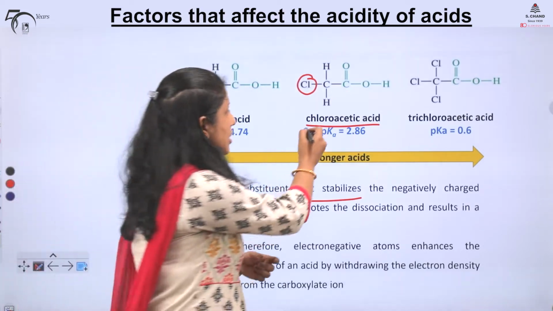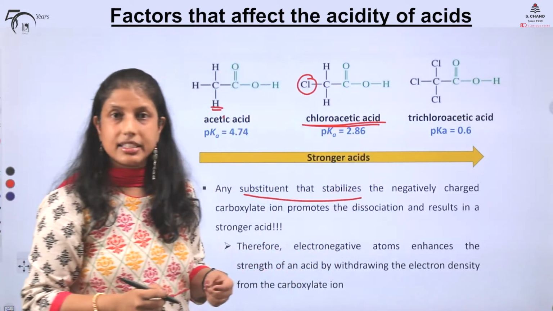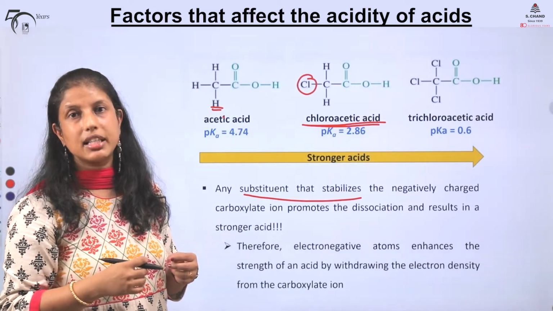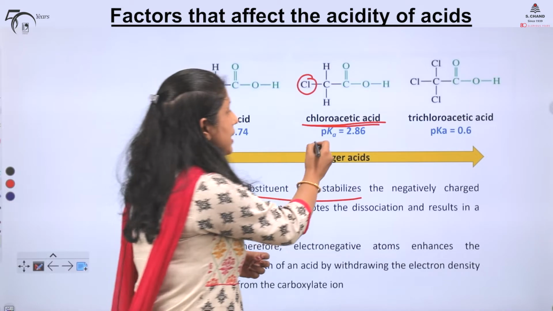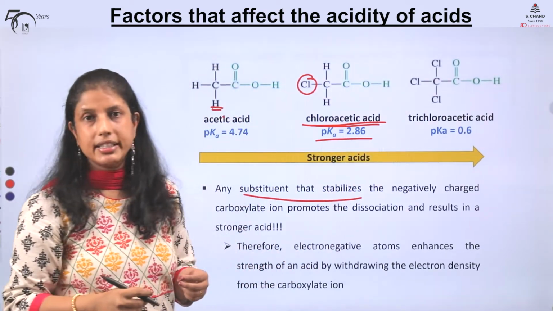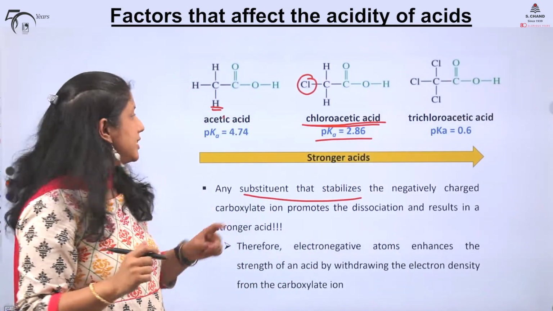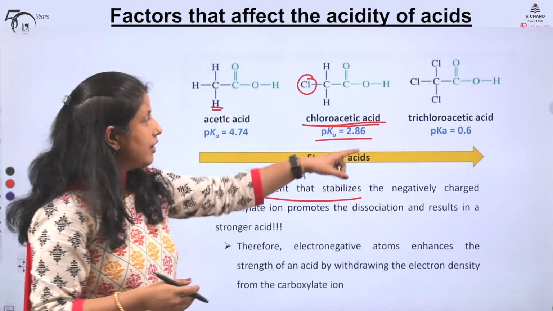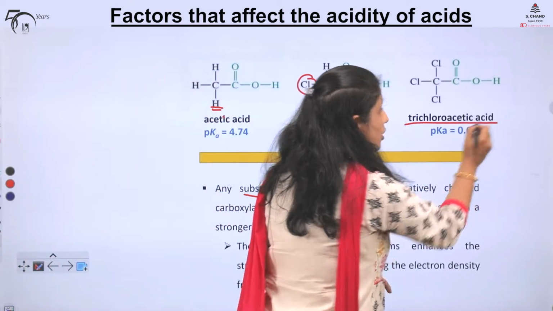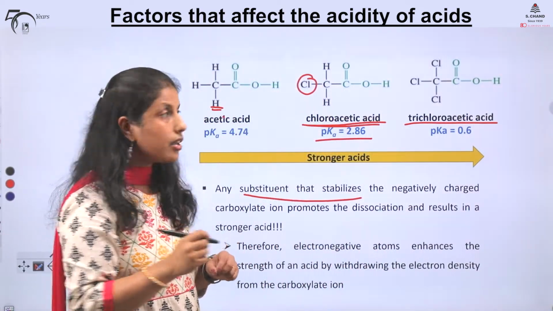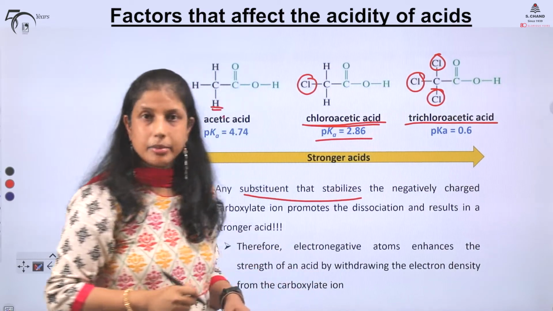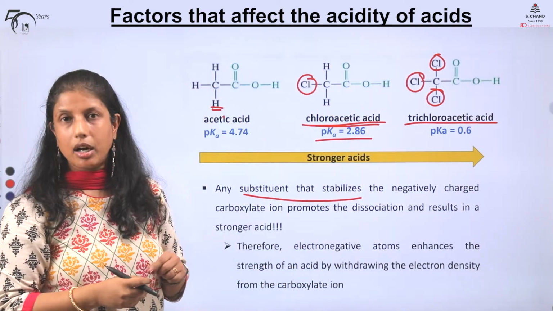As a result, chloroacetic acid, with a much more stable carboxylate ion, has a pKa of 2.86, much more acidic than our simple acetic acid molecule. And if you consider trichloroacetic acid, here we have 3 chlorine atoms attached to the alpha carbon.